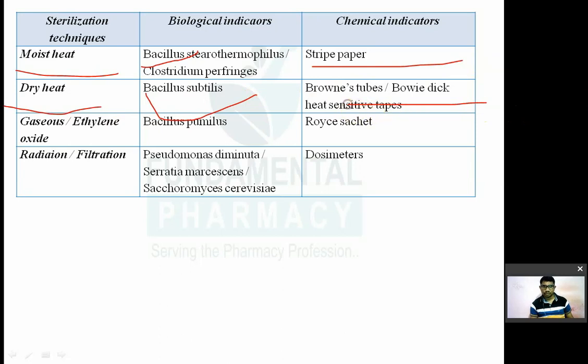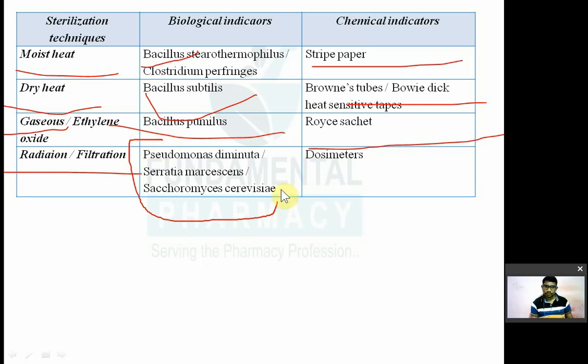For gaseous or ethylene oxide sterilization, the biological indicator is spores of Bacillus pumilus, and the chemical indicator is Roshi sachet. For radiation sterilization or sterilization by filtration, the biological indicators are Pseudomonas diminuta, Serratia marcescens and Saccharomyces cerevisiae, which is a fungus. And dosimeters are used as chemical indicators for validation.